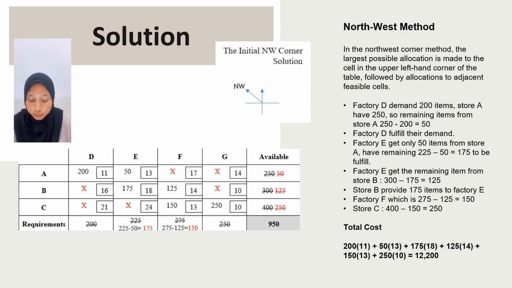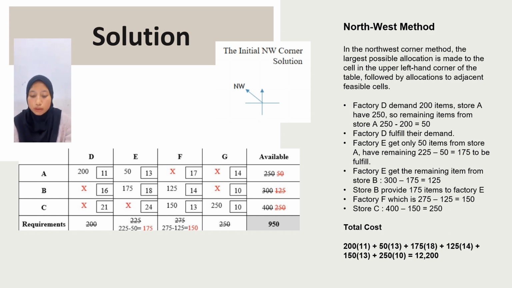We move to store B. They provide 175 items to factory E. Factory F, which is 275 minus 125 equal to 150. Next is store C, which is 400 minus 150 equal to 250.